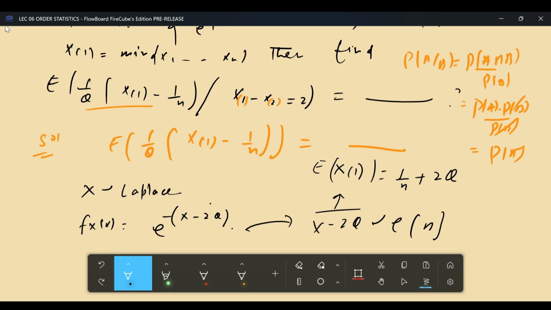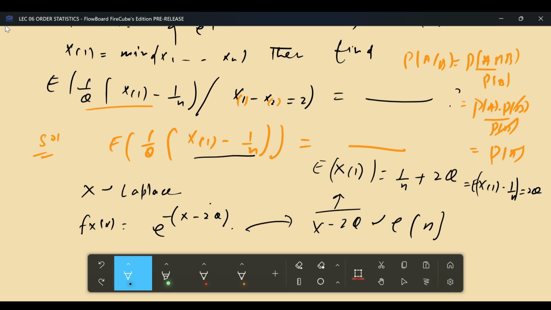Then expectation of x1 is equal to 1 by n plus 2 theta. From here, x1 minus 1 upon n has expectation equal to 2 theta. So we get the value of this.